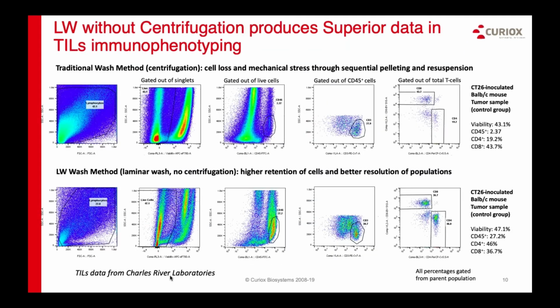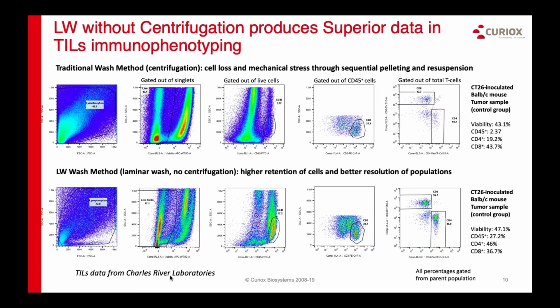So these next couple of slides show optimized laminar wash methods. Every time we work with the customer, we optimize for their specific protocols, although many protocols are very similar. In this case, I'm going to show how the method can retain more cells, particularly cells from tissue samples. So this is actually data from a large CRO. And in this case, and in all cases, the flow rate of dispensing and aspiration can be adjusted to optimize, as we've done here.